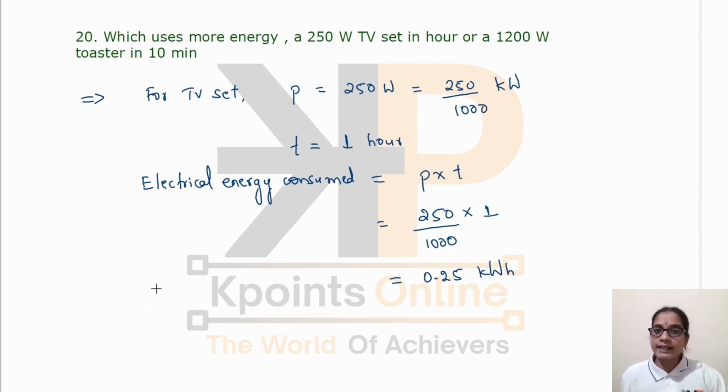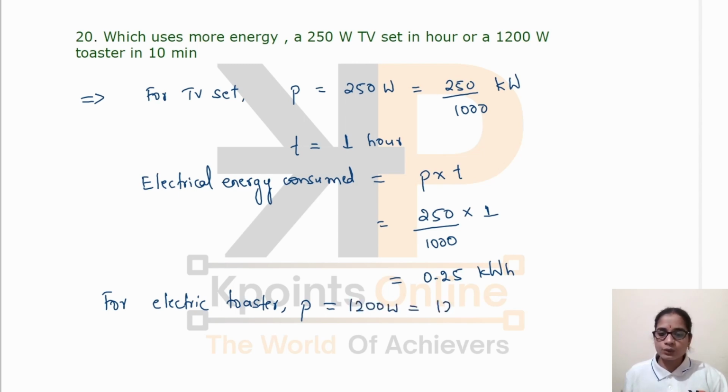Now let us calculate the electrical energy consumed by the toaster. For the electric toaster, power P is equal to 1200 watt, which is equal to 1200 divided by 1000 kilowatt. And time is equal to 10 minutes. Converting it into hours, we get 10 by 60 hour.